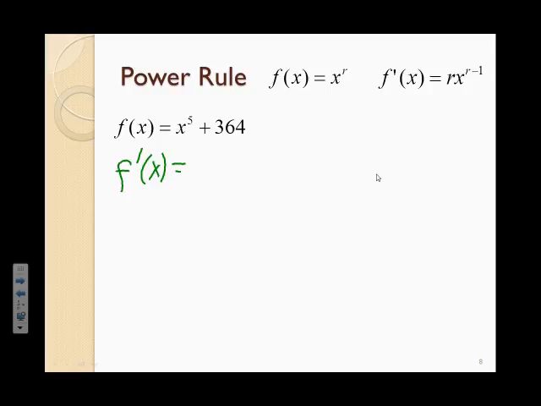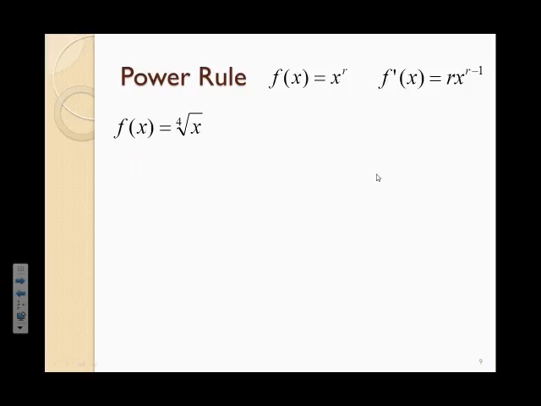We realize that that's r, so it's going to be 5, we take it from the exponent, times x to the 1 less power than it is, or 5 minus 1. Technically, after that we had the constant, so we can again say that it's 0, but we don't have to write that all the time. And now we look at this and say, this is going to be 5x to the 4th. So the derivative, f prime of x, is going to be 5x to the fourth.